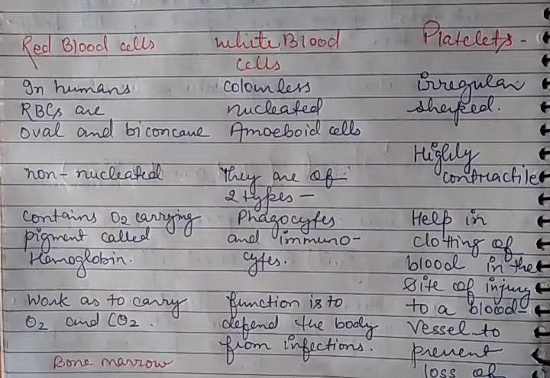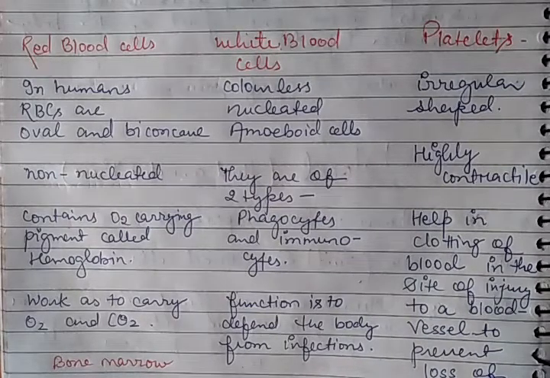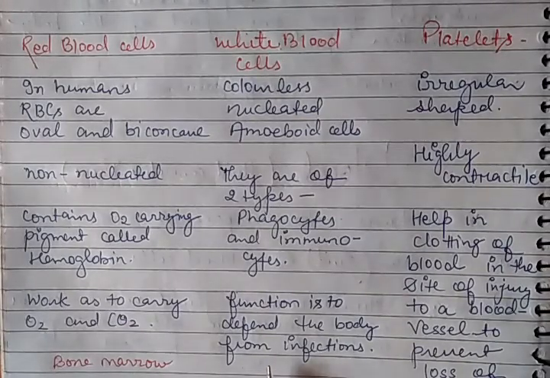So they are called soldiers of the body. White blood cells are called the soldiers of the body, because if any germs or unwanted or foreign material enter into our blood, these white blood cells engulf these foreign materials and germs, so that they protect our body from infections.